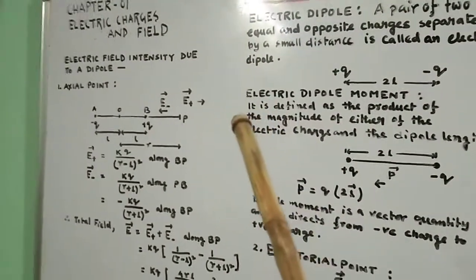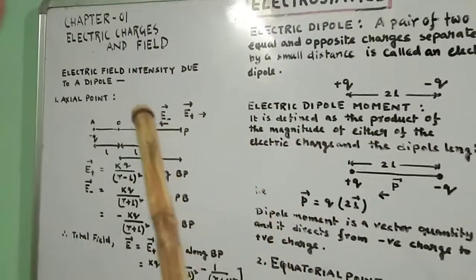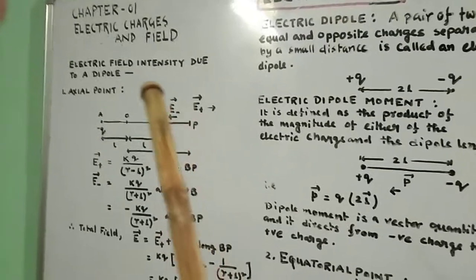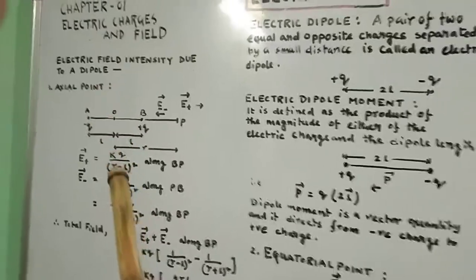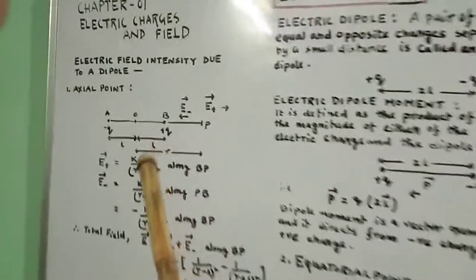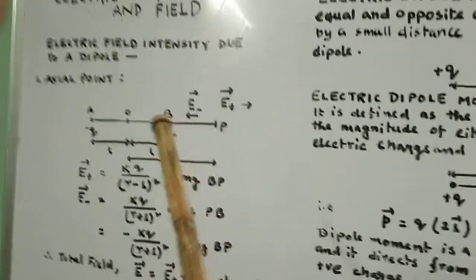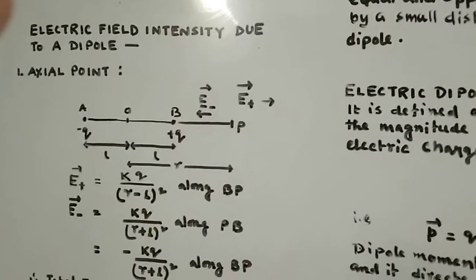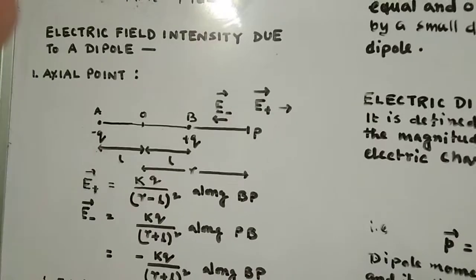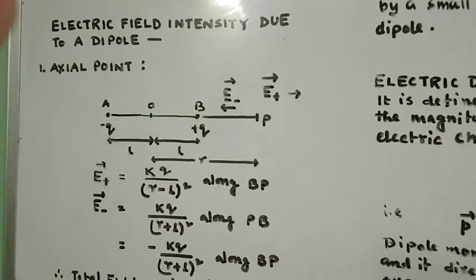Now let me continue with electric field intensity due to a dipole. You can define the electric field intensity due to a dipole by considering this figure. AB is your dipole. At place A you have a negative charge, and at B you have a positive charge.